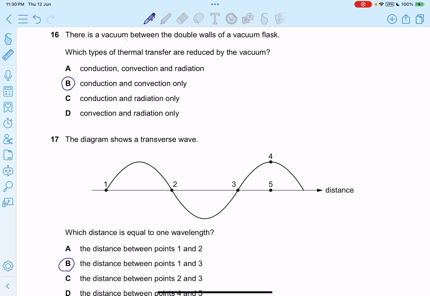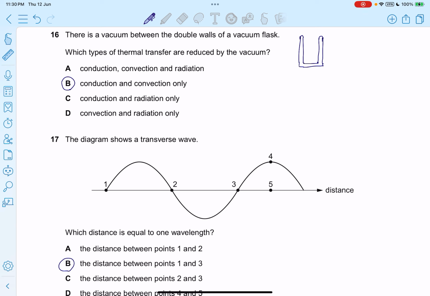16. There is a vacuum between the double walls of a vacuum flask, so something like this. Which types of thermal transfer are reduced by the vacuum?